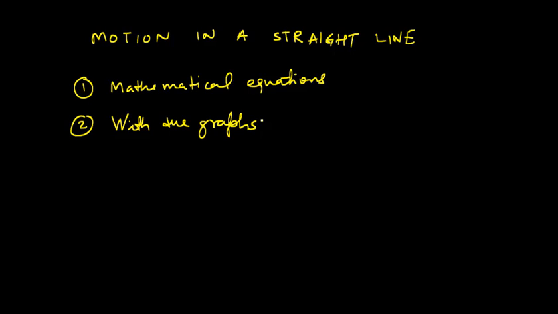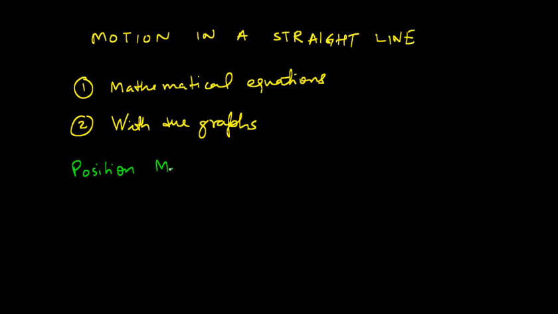In order to study the motion graphically, we must be able to measure the position of the object and time. Since motion along a straight line, one-dimensional motion, is the simplest, we will try to describe the concept with it. So first is position measurement.